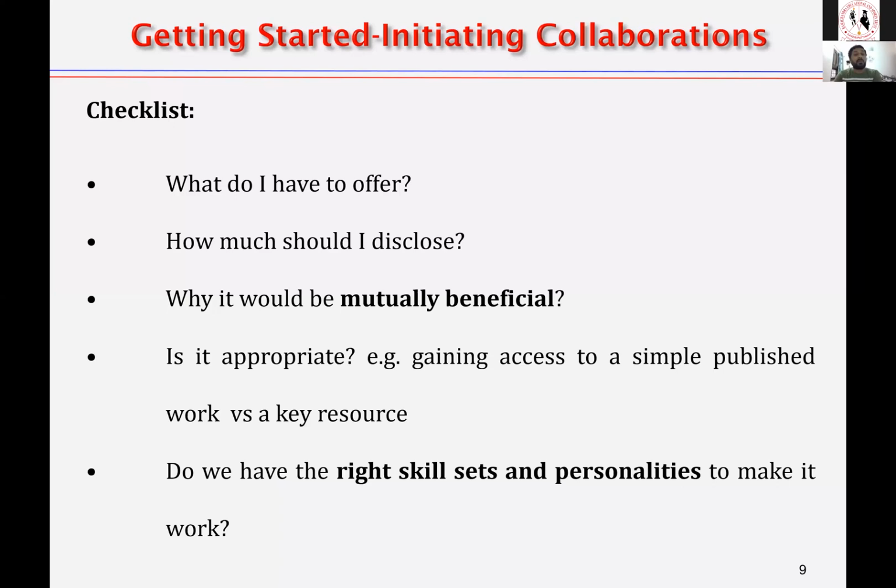Or let's say you want one sample from somebody and you just borrow one sample, it is not called collaboration. Or you don't have one simple experimental technique and you ask somebody to help, and that is not even 5% of the paper, and for all the other 95% of the work you give him co-authorship.